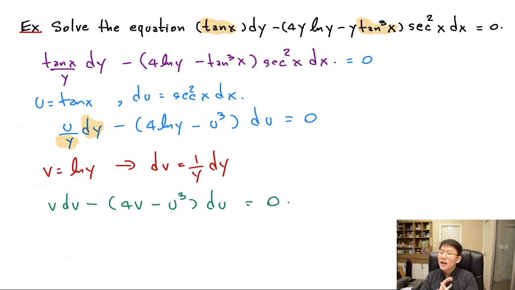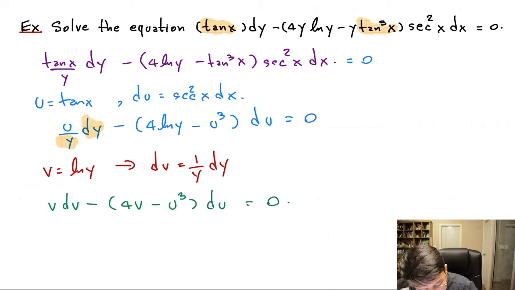And then it's still not separable, it's not homogeneous, but guys, if I look at it this way, I look at dv.